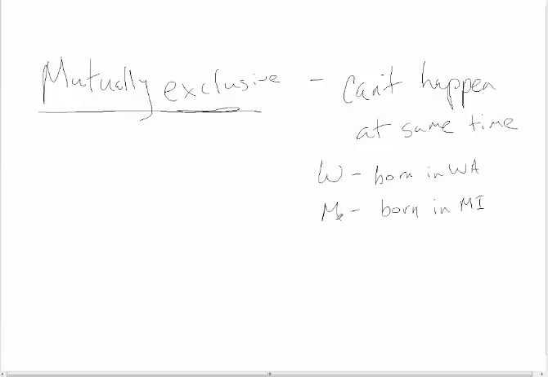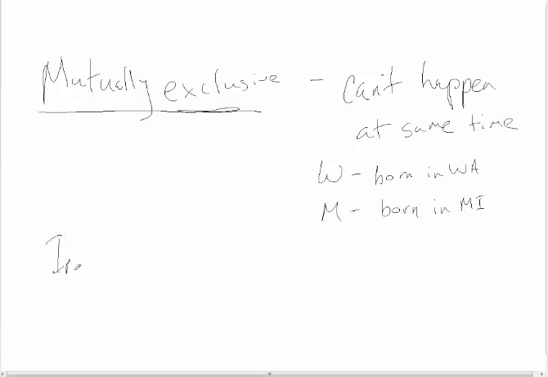W and M are mutually exclusive events. You can't be born in Washington and in Michigan. Okay, you're born in one or the other. You can't be both. The probability of being over 6 feet tall and under 6 feet tall, those are mutually exclusive events. They can't happen at the same time.